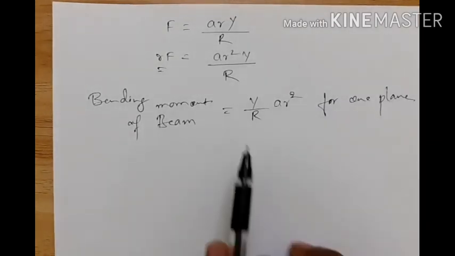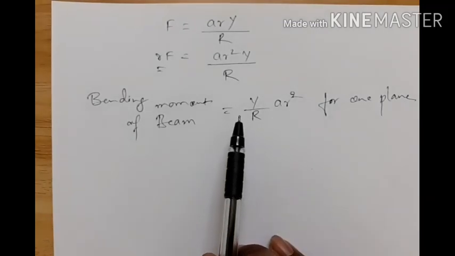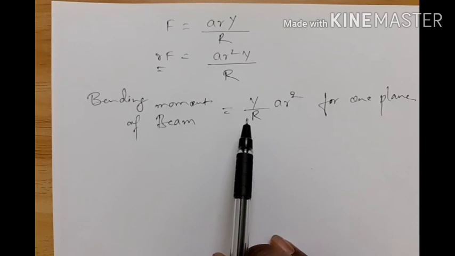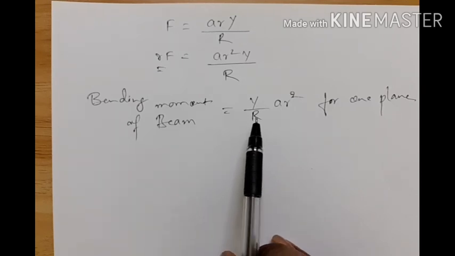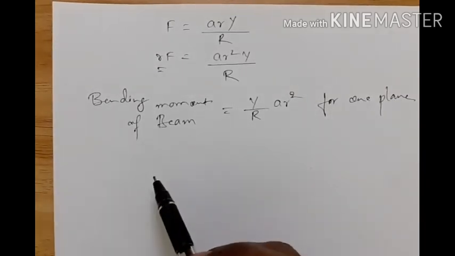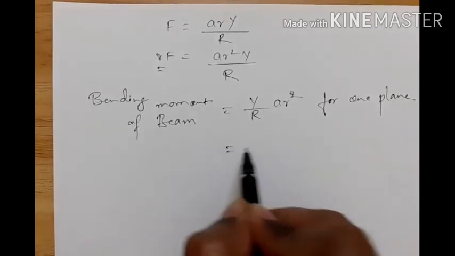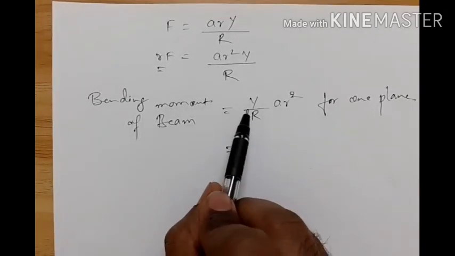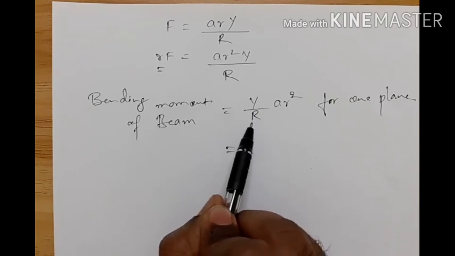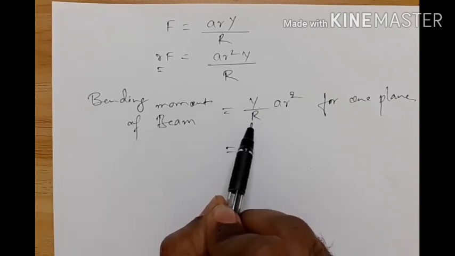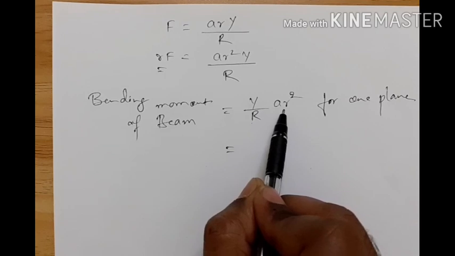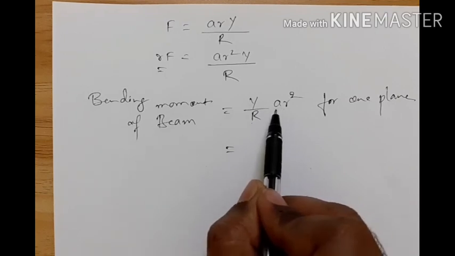So we have to extend this to the beam, to all the layers and all the planes, so now we will take the summation of this. Here Young's modulus is constant and this radius is not going to change. What is going to change is the small r, and the area is also going to change.